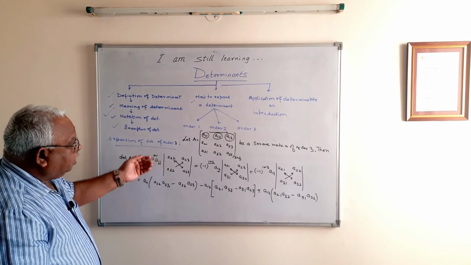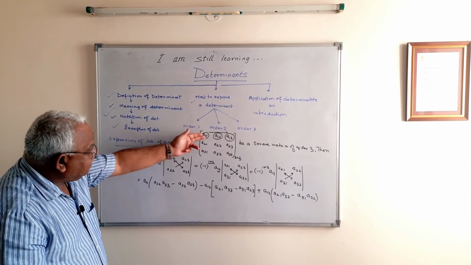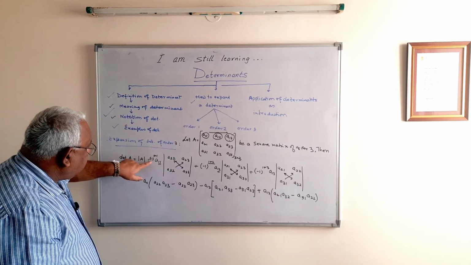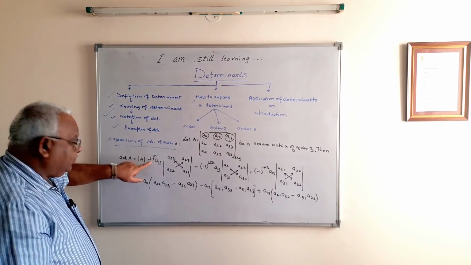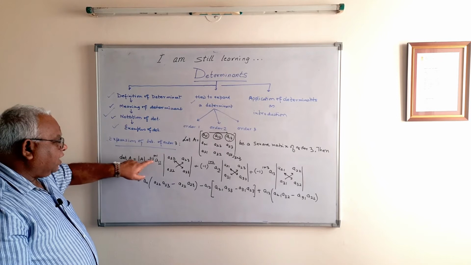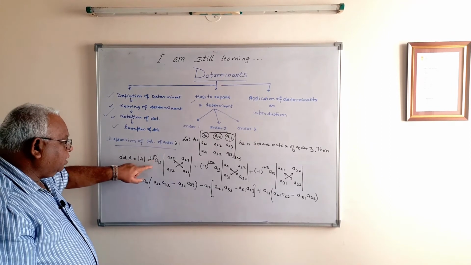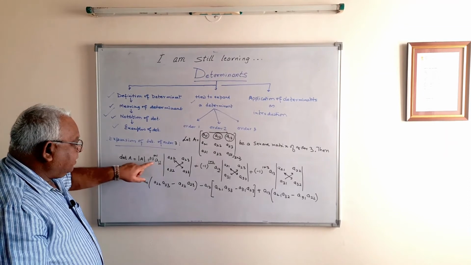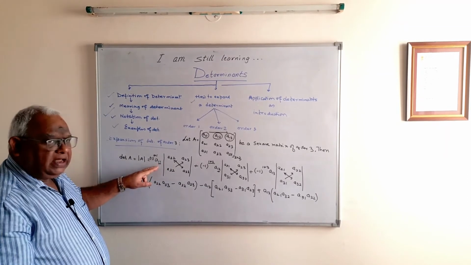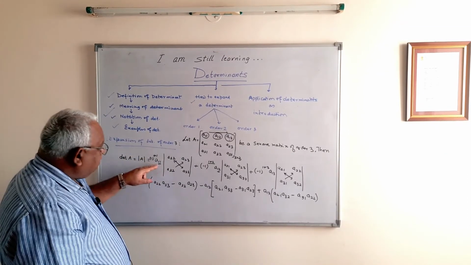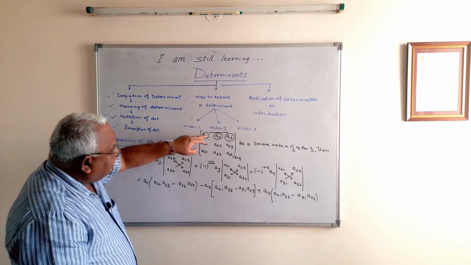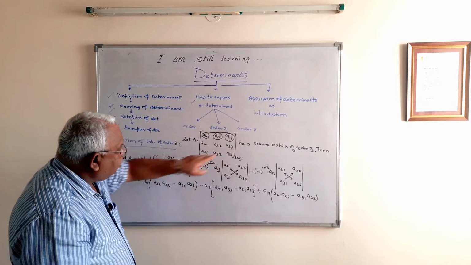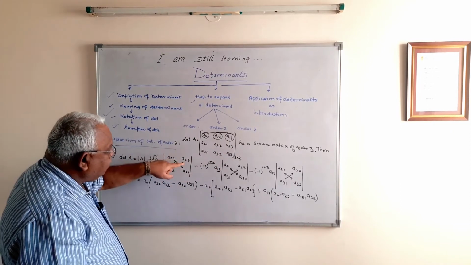Now, there is no need to move further, because I have given you the technique, what you are supposed to do. If you are expanding along the first row, then write the element. First you take the sign of the element. What sign will come before the element? It will come according to the sum of the index, multiplied by the element. Take the element here, eliminate this row and this column. Whatever 2 cross 2 you get, write down as it is.